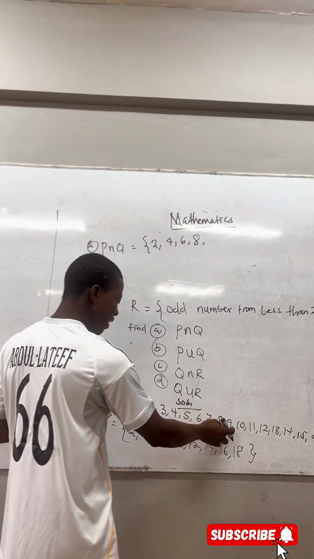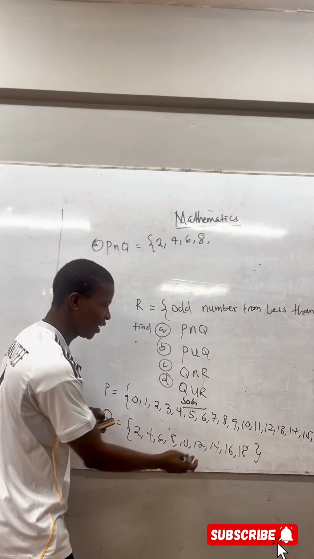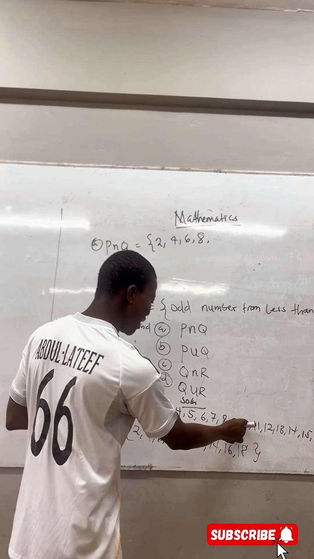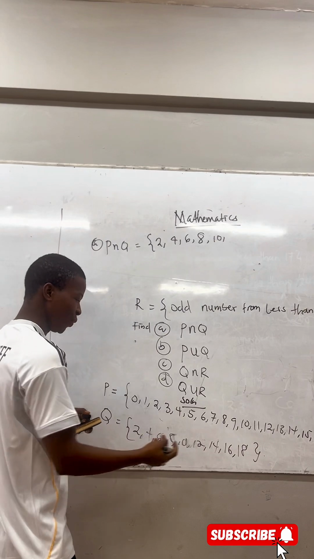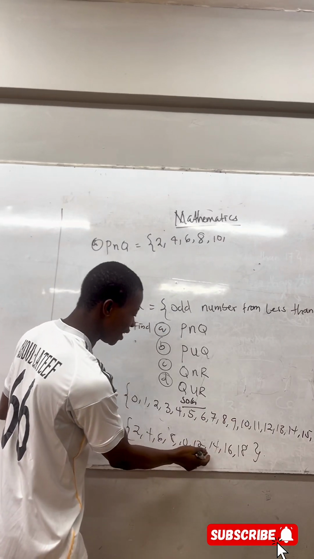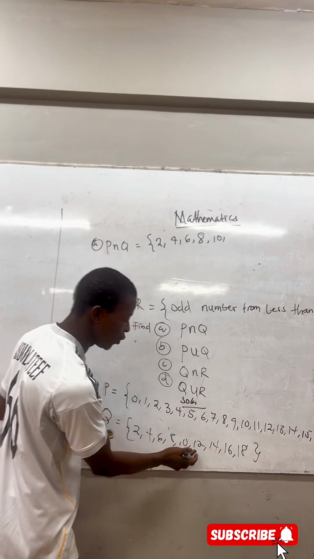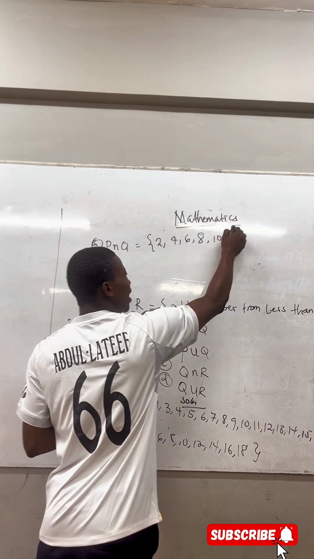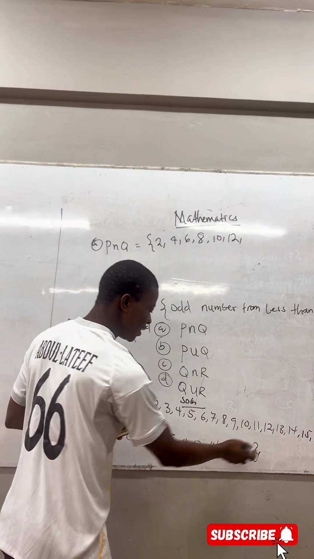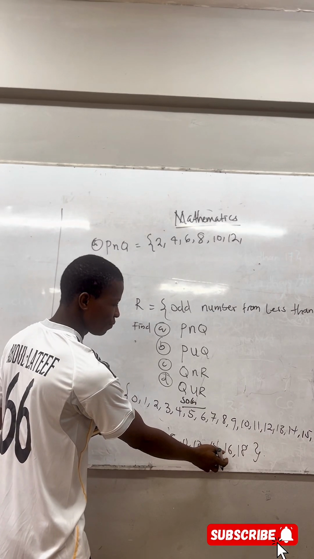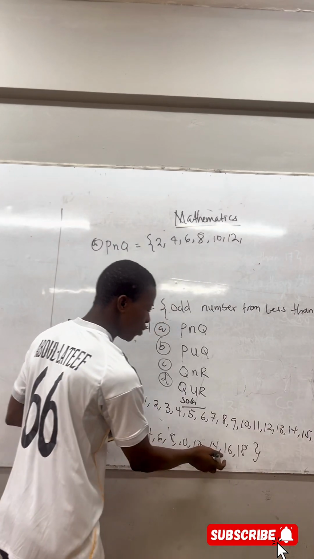We have 9 here, we don't have 9 here. We have 10 here and 10 here. So we write 10. We have 11 here, we don't have 11 here, but we have 12 here and 12 here. So we write 12. 13 is not here. 14 is here.